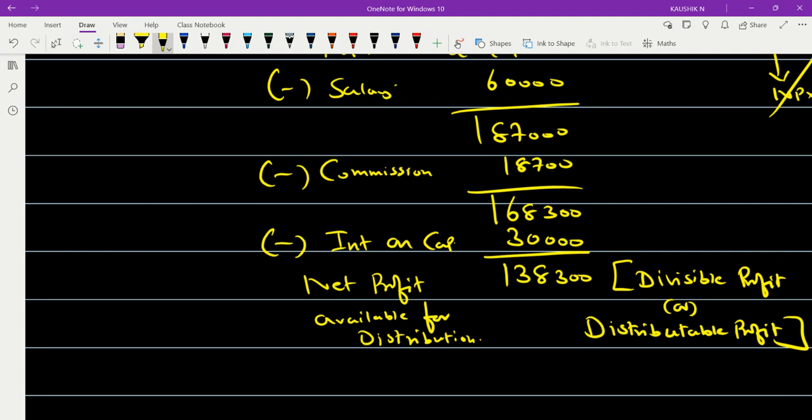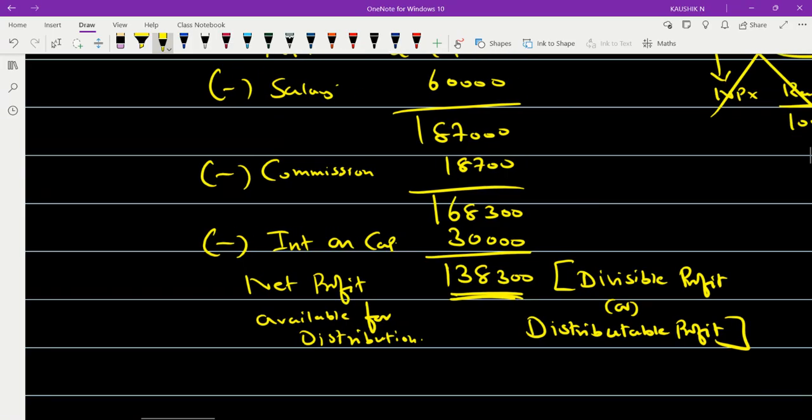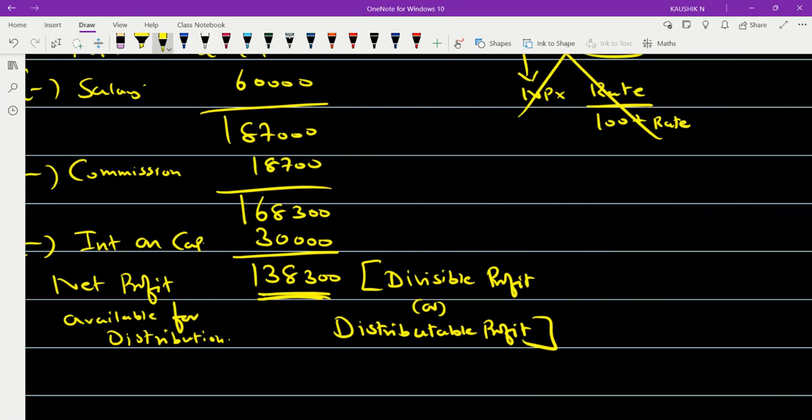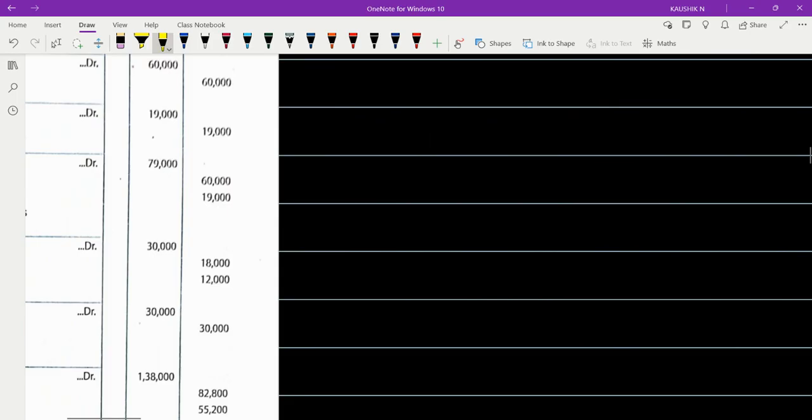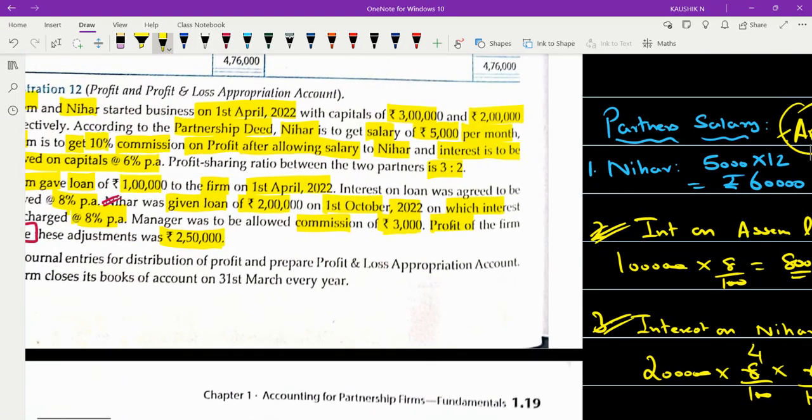The residual value after making payment of all these, the final leftover value, is what we call divisible profit or distributable profit. Now this profit should be divided between two partners, Asim and Nihal. What is the profit sharing ratio given in the question? 3 is to 2. Is it clear to you?